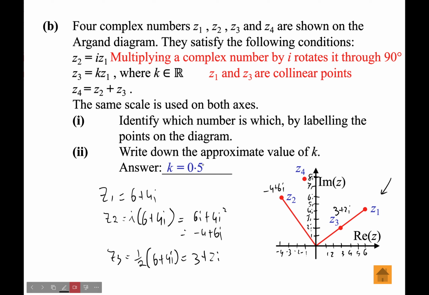And then Z4 is equal to Z2, which is -4 plus 6i, plus Z3, which is 3 plus 2i. It's -1 plus 8i. And that is my point up there.